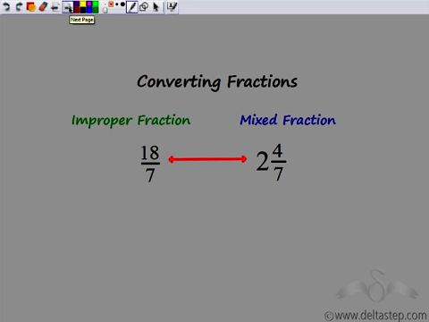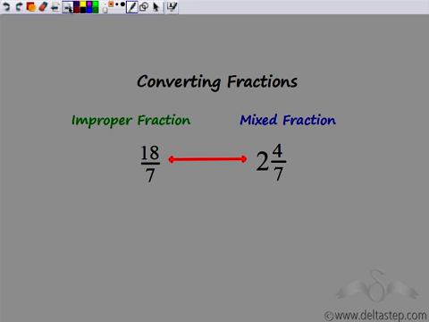But why do we do all this? What is the need? If I look at the number 18 by 7, can you just figure out where this number would be on the number line? Looking at 18 by 7, it does not give me any idea. But look at 2, 4 by 7. The mixed fraction is way easier to interpret on a number line.